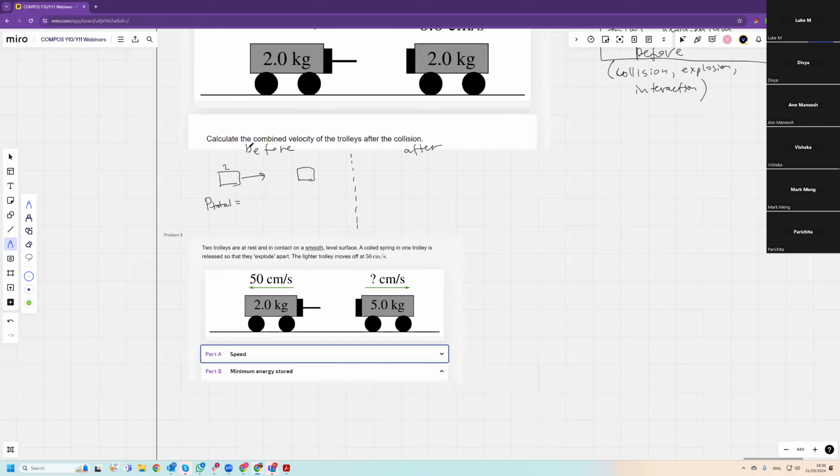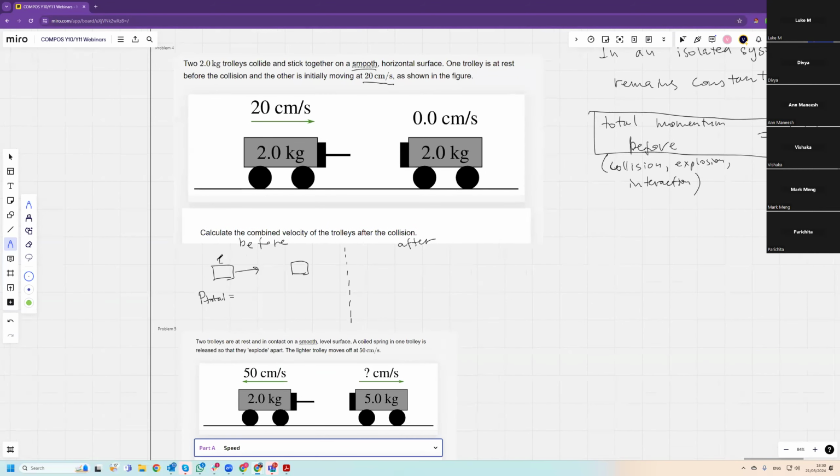What's the momentum of this trolley? 0.4, indeed, because the speed is 20 centimeters per second, 0.2 meters a second.